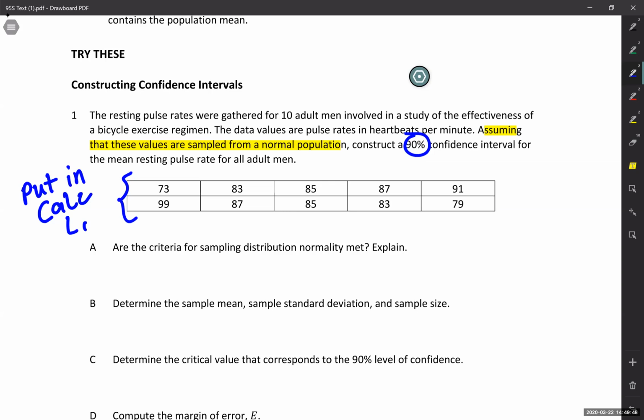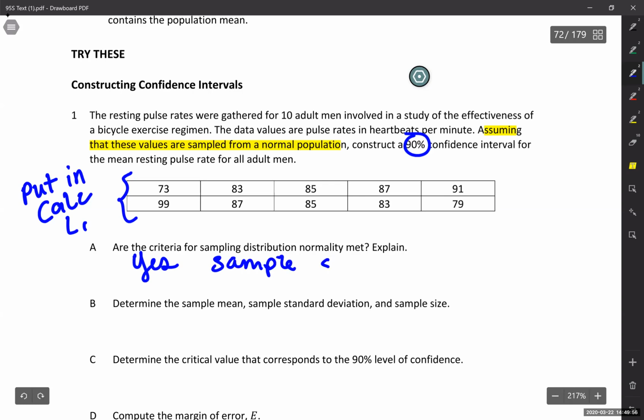So I'm going to say yes, and my explanation is sample size doesn't matter in this particular problem because the population is normally distributed.